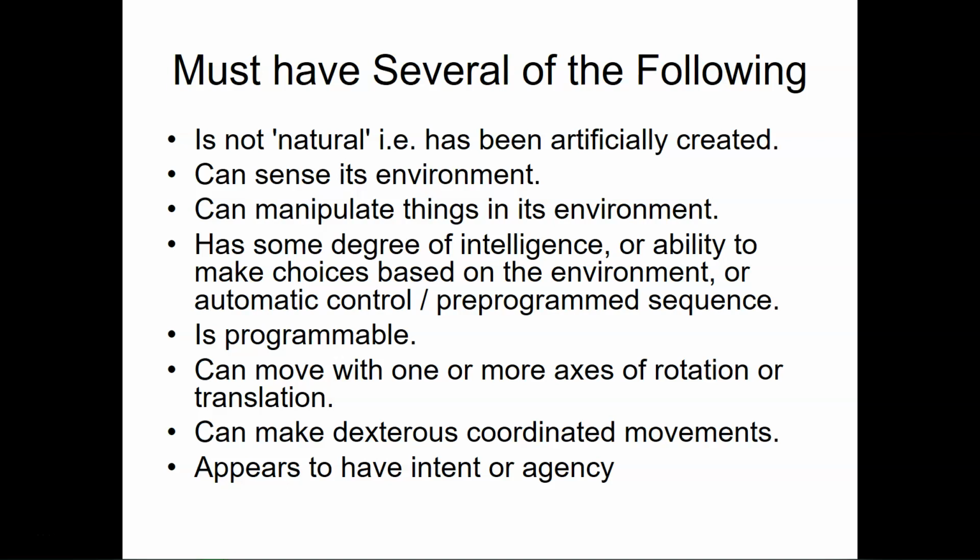So if you talk about Mars rover, he has different little arms and stuff that he can use to manipulate different parts and create different scientific experiments. It has some degree of intelligence or ability to make choices based on the environment or automatic control pre-programmed sequence.